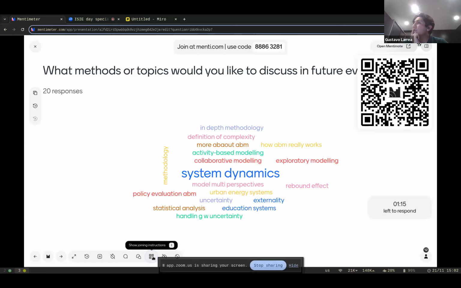So it seems that it's about ABM, uncertainty, in-depth methodology related with ABM. It is true. There's a lot still to demystify in this approach because it addresses complexity, but at the same time, it's sometimes very complicated to build this sort of models.